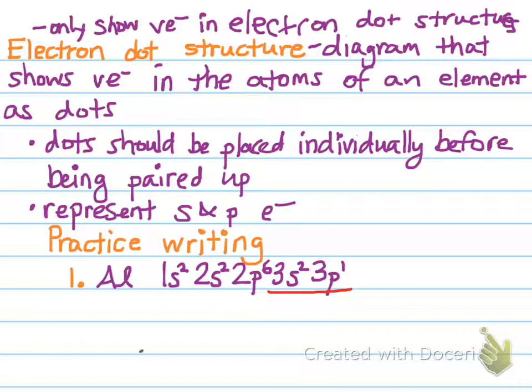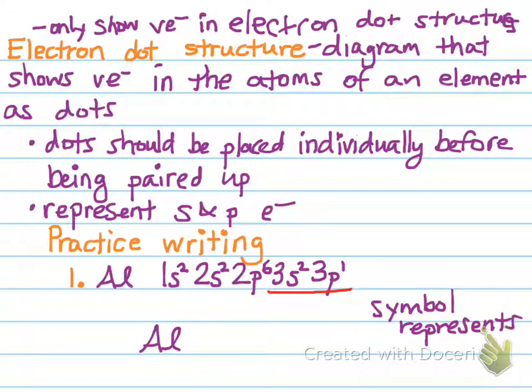So we write the symbol for aluminum. Our symbol represents all of that electron configuration, all of those interior electrons that aren't on the outside.